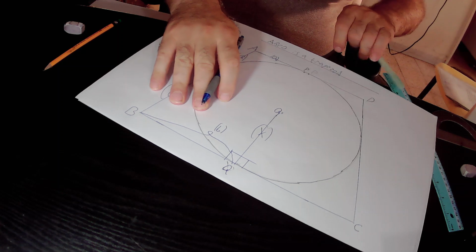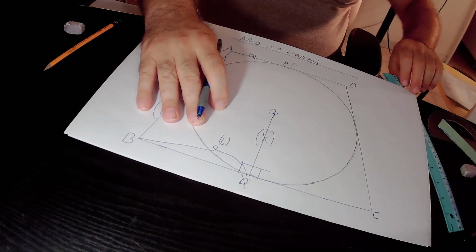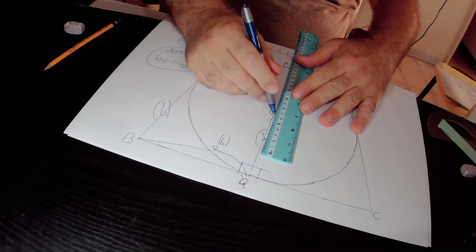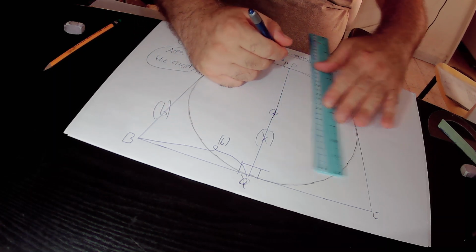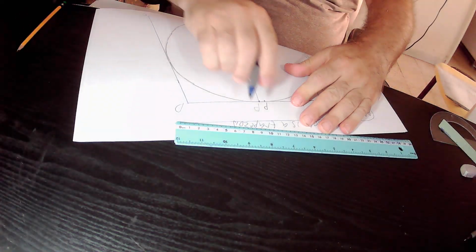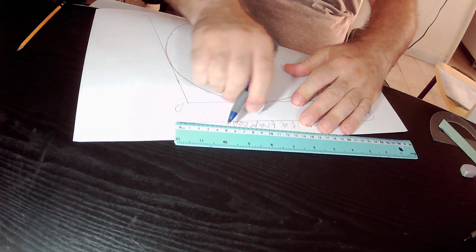Likewise, we join points O and P together by a straight line. OP is of course the radius of this circle, that is equal to x.